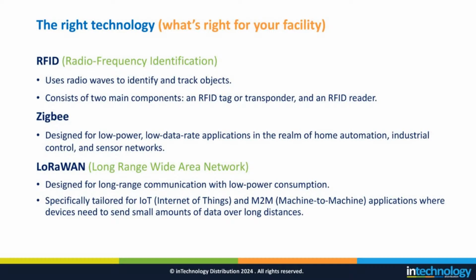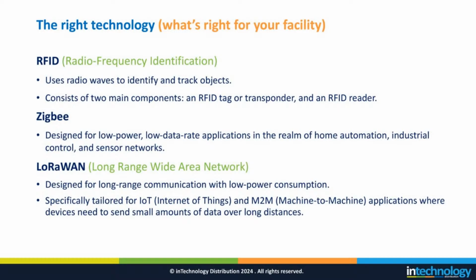So I'm going to run through some technology. RFID, most of us would know RFID. It uses radio waves to identify and track objects. It consists of two main components. You've got the RFID tag, and then you have the reader or the antenna that will read that tag. For those that are new to the RTLS space, I hope this is going to be helpful. For those that already know it, bear with me, but I want to run through it to make sure that everybody's aware of it.